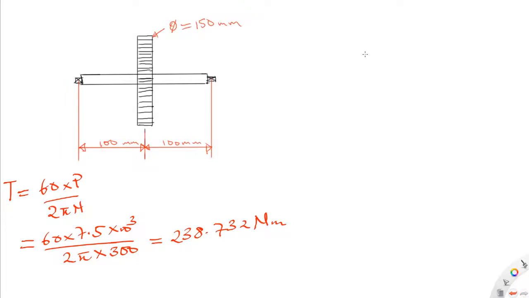So let's say we have this circle here which forms the gear, with gear teeth on it, like that.